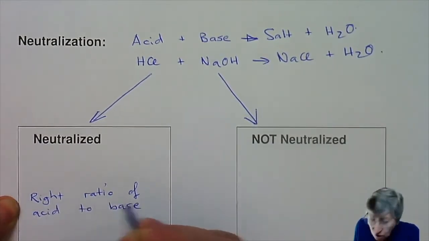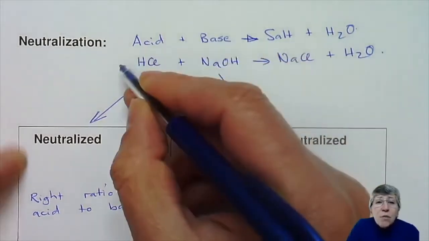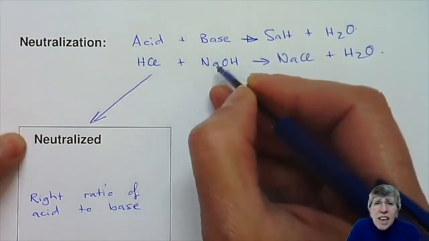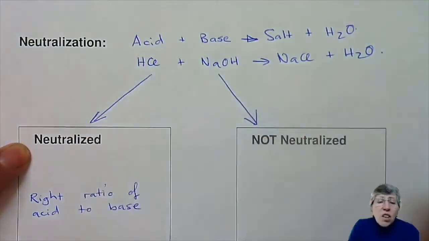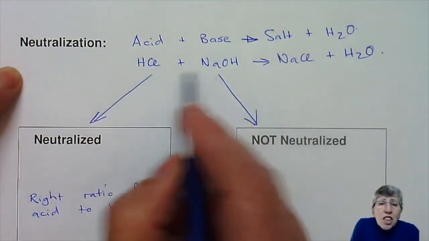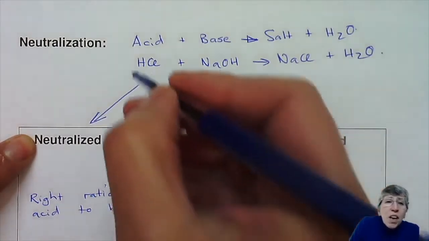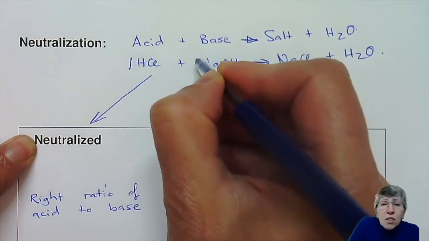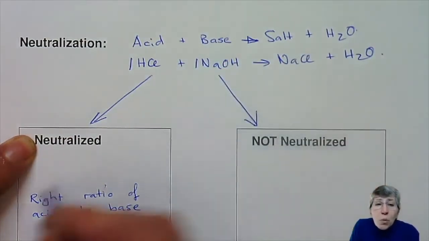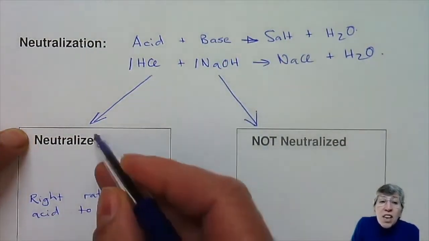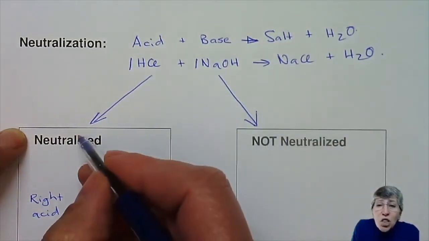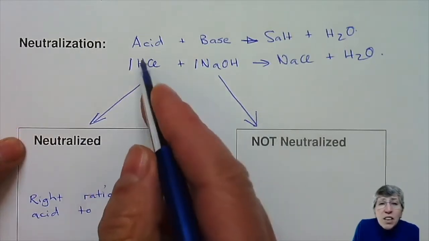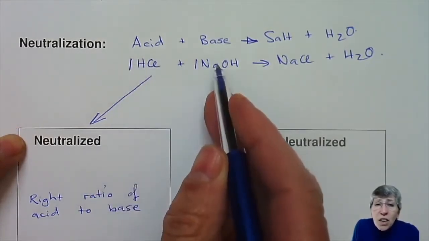So if you add hydrochloric acid and sodium hydroxide, they are going to have a neutralization reaction, but only when you've added exactly the right amounts for one of those to react with the other. When they're in the right ratio, then we're going to say they are neutralized. So neutralized immediately tells you they are in the right ratio.